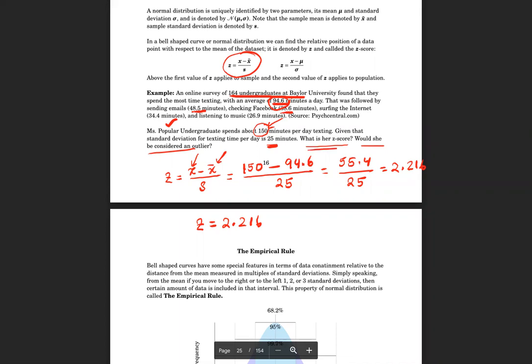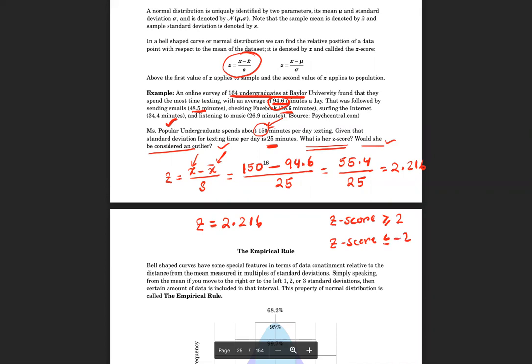Now, would she be considered an outlier? For that, I have to give you a little bit of new information. What is an outlier? An outlier is a data point that has a z-score greater than or equal to 2, or a z-score less than or equal to -2.